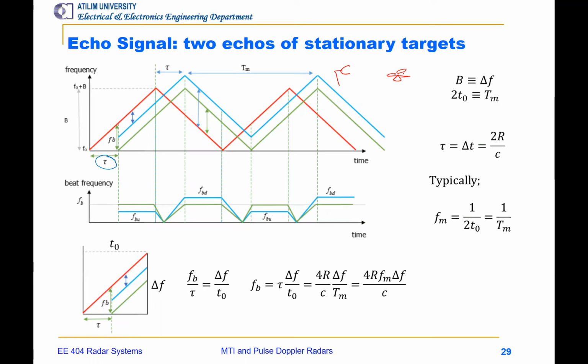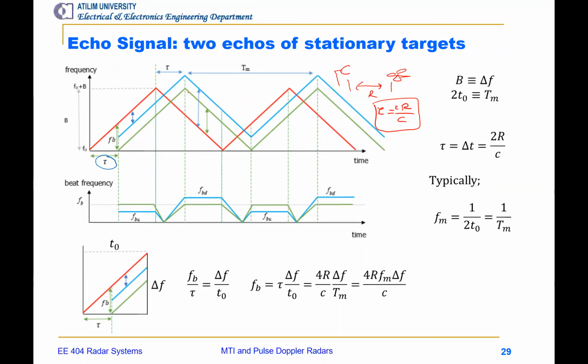Let's say this is the target. The distance is R. Then the time delay is going to be 2R divided by C. Okay? So if I have a stationary target at distance R, the time delay is going to be tau. So then an echo signal coming from this target is going to be the green one, a shifted version.